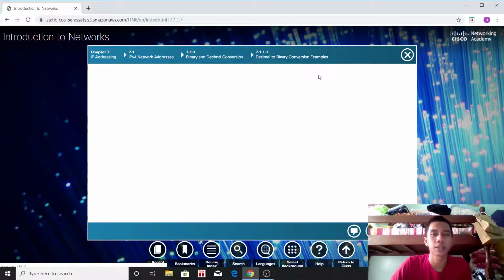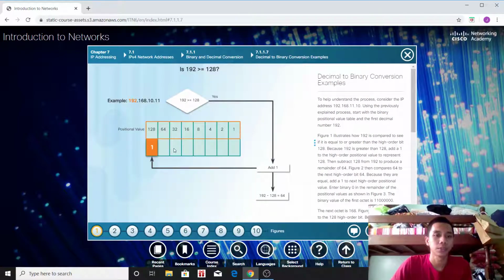Decimal to binary conversion example. So like this, the number is 192. 192 is greater than or equal to 128.